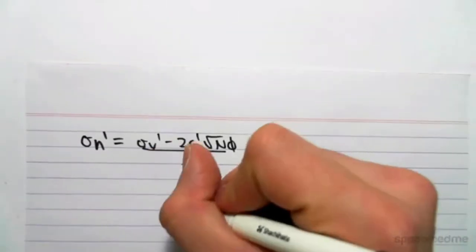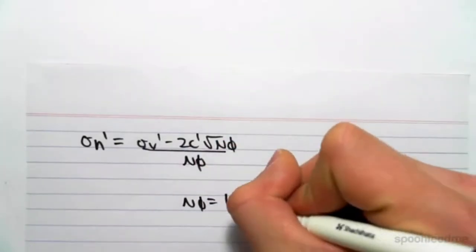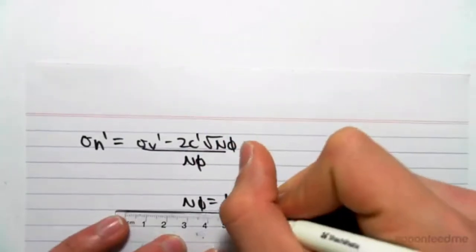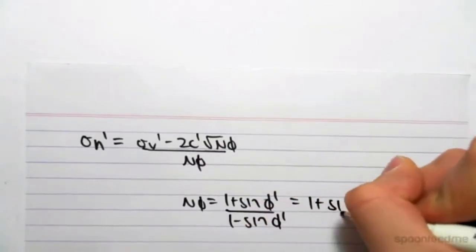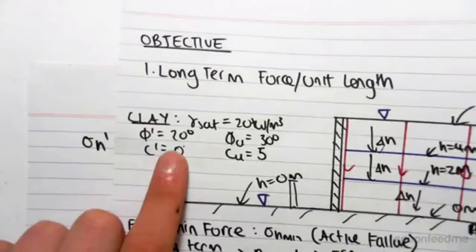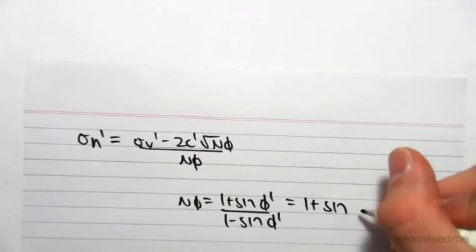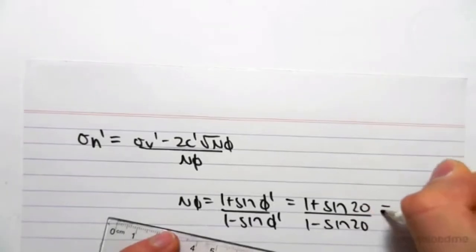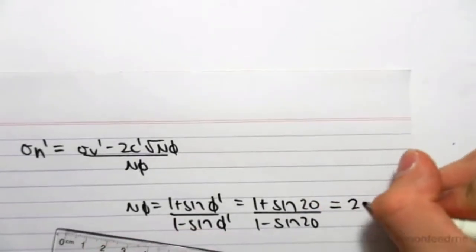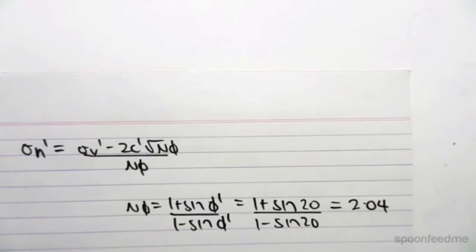So we can first find N phi, that's easy. N phi is 1 plus sine phi dash on 1 minus sine phi dash, which will equal 1 plus sine, our phi dash is 20 degrees. So 1 plus sine 20 on top of 1 minus sine 20. And we'd get an answer of around 2.04.